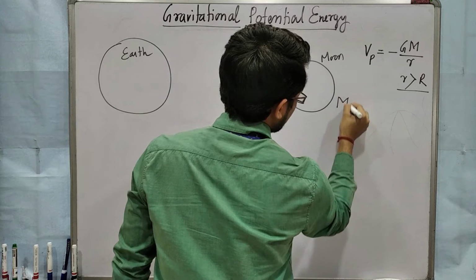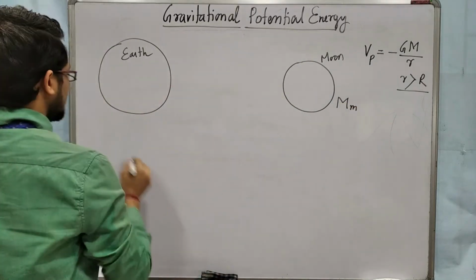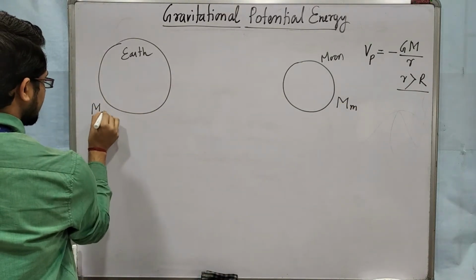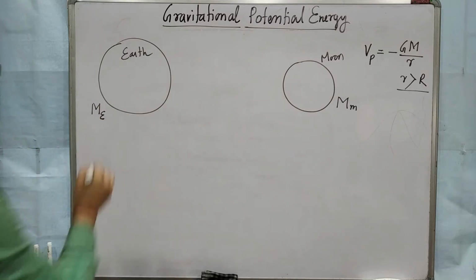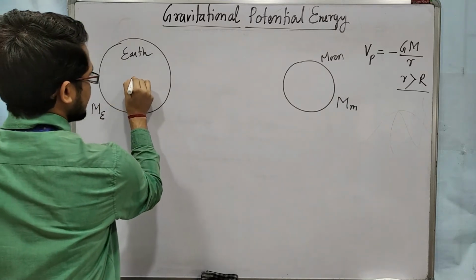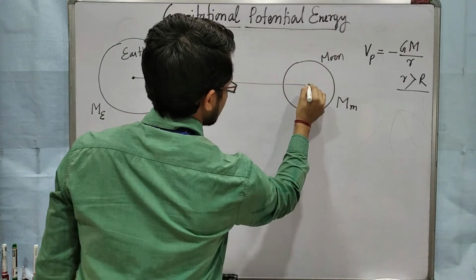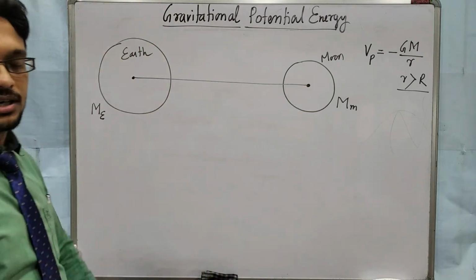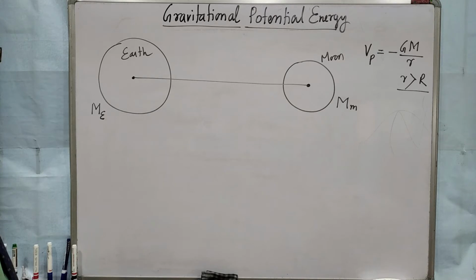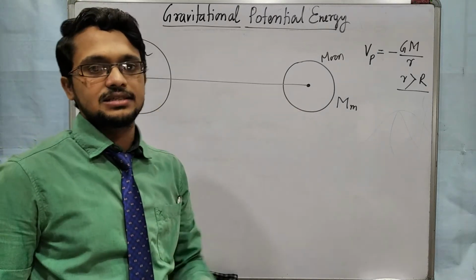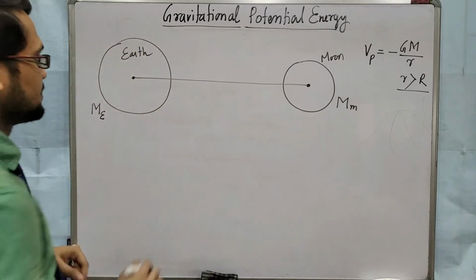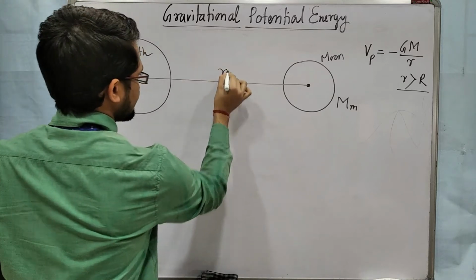The mass of the moon I am taking as small m, or M moon, and the mass of the earth is M earth. The distance between their centers of mass, as I already told in Newton's gravitational law, is always the distance between their centers of mass, and suppose it is small r.